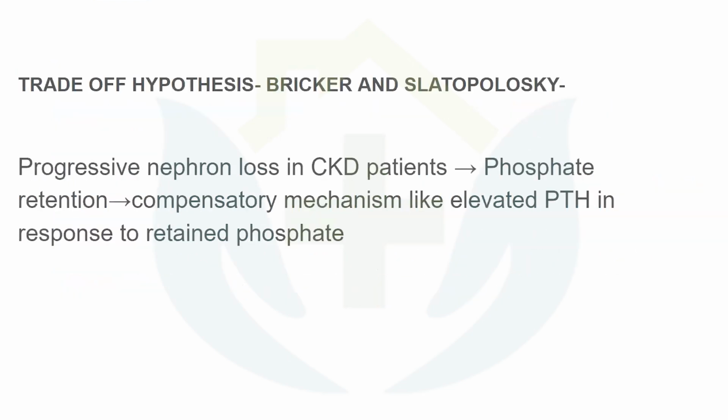This hypothesis is termed the trade-off hypothesis, proposed by Bricker. Progressive nephron loss in CKD patients leads to phosphate retention and activation of compensatory mechanisms like increased parathyroid hormone in response to retained phosphate, ultimately resulting in mineral bone disease.